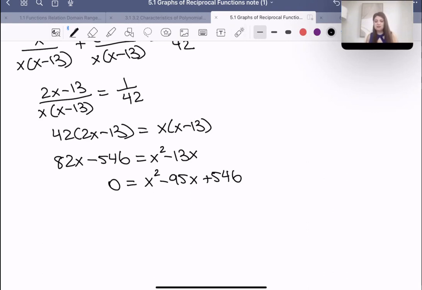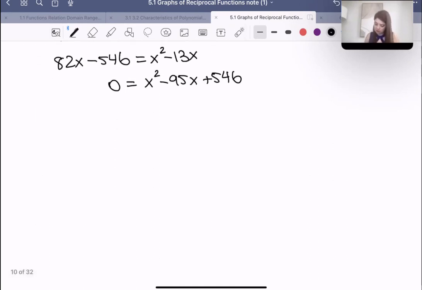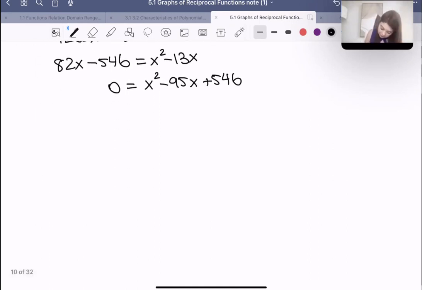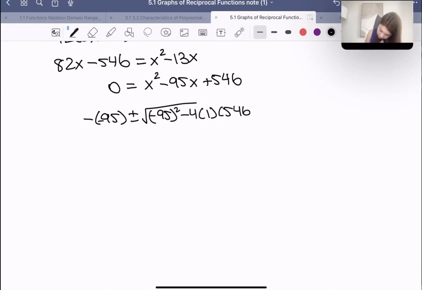And that's pretty big. So you know what? Rather than trying to factor this, I'm going to just head straight for the quadratic formula. So the quadratic formula, negative b plus or minus the square root of b squared minus 4ac over 2a is what?